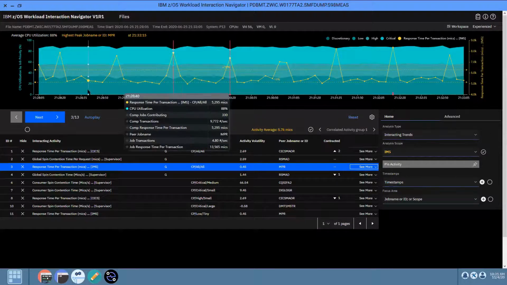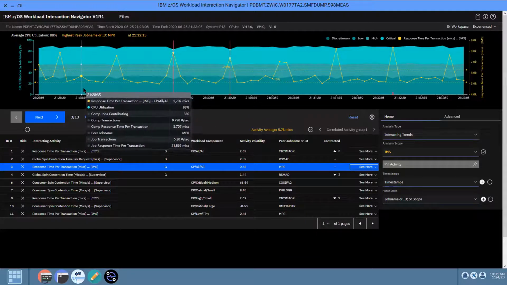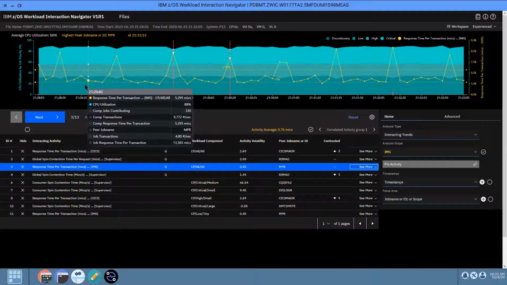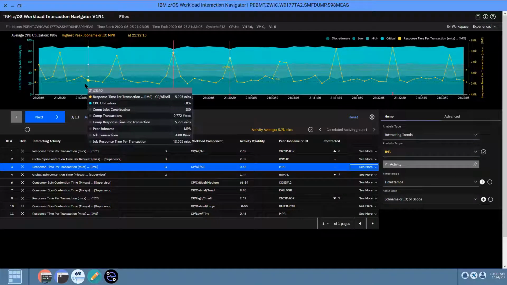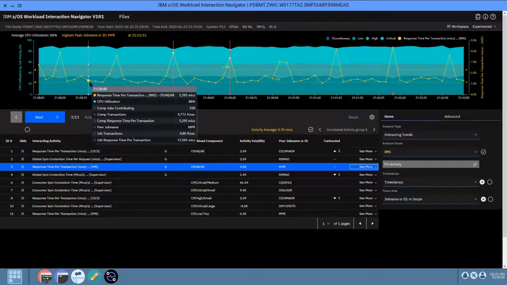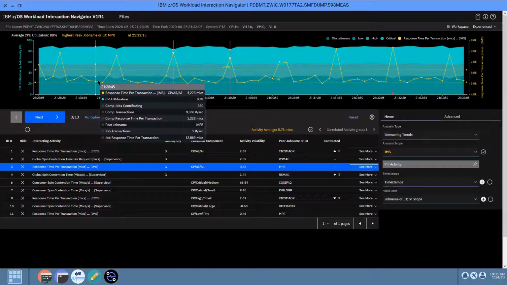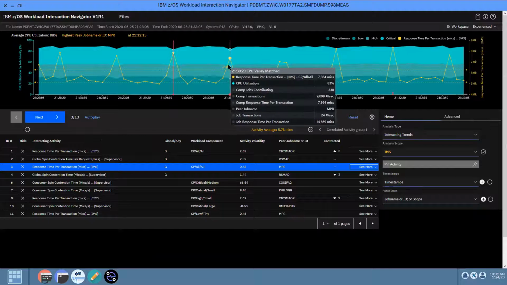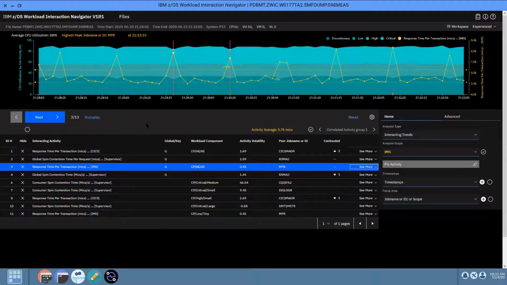Similar to CICS, for IMS we have the most exceptional IMS region, and it's the response time per transaction for the IMS transactions that went through that IMS region. So basically from this data, we can see that at each one of these CPU utilization values, there are spikes in CICS and IMS response time per transaction.